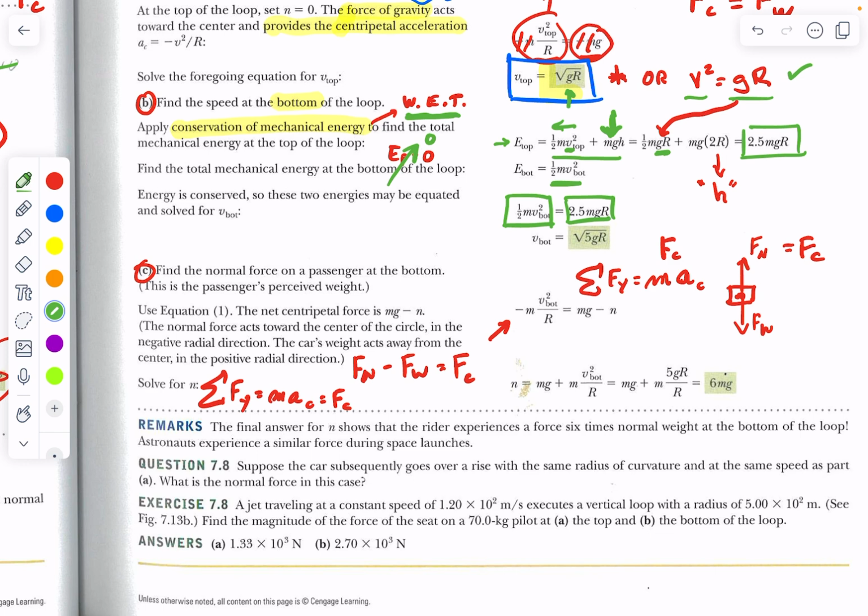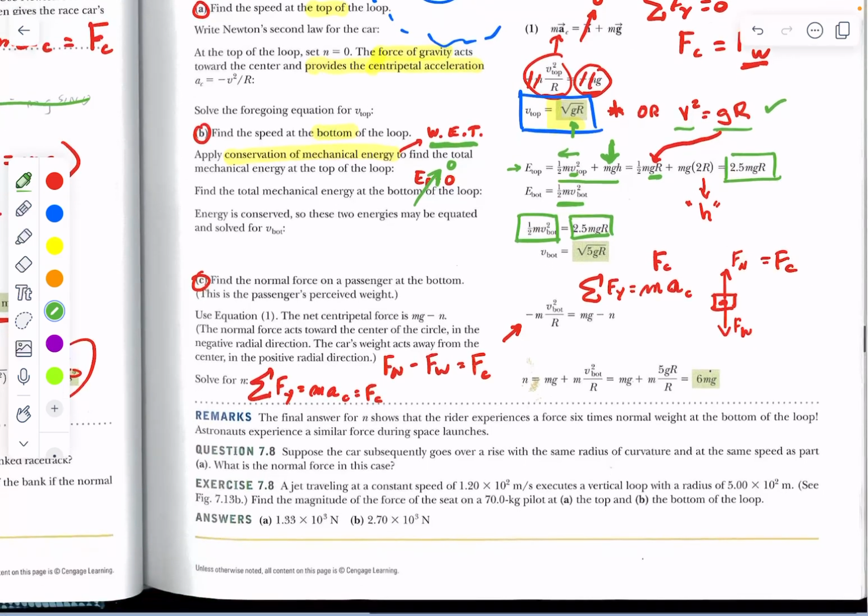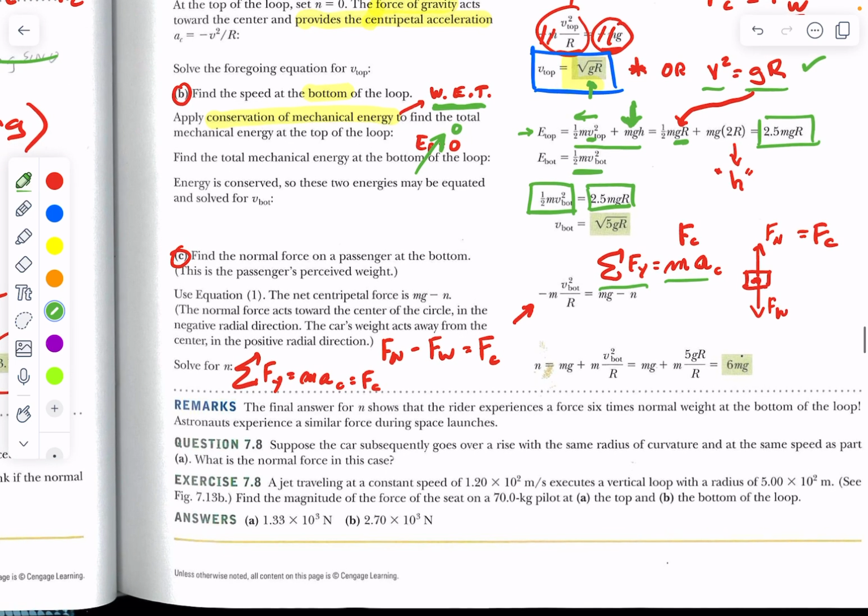So when we look at this problem, we see that, again, the summation of my forces in the y direction equals ma, and that ma, mass times the centripetal acceleration, is known as a centripetal force. And we can see in this problem that my normal force now, minus the force of weight, my bigger force minus my force of weight gives me my centripetal force.